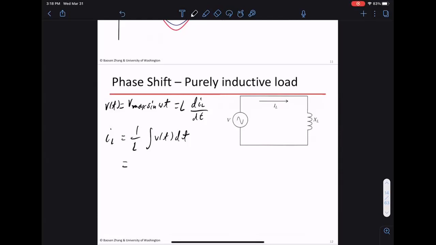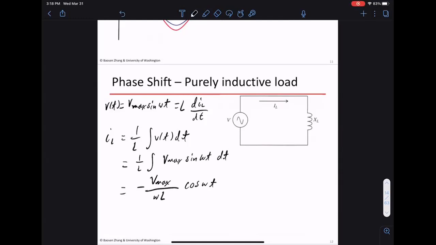When you integrate this, you get 1/L integral of V max sine omega t dt. So this becomes V max over omega L. When you do the integral, this is cosine omega t.